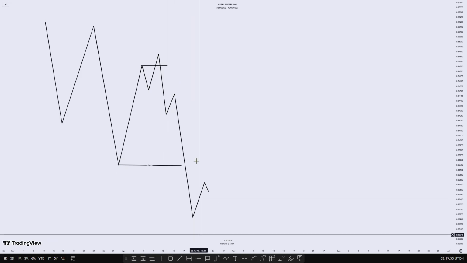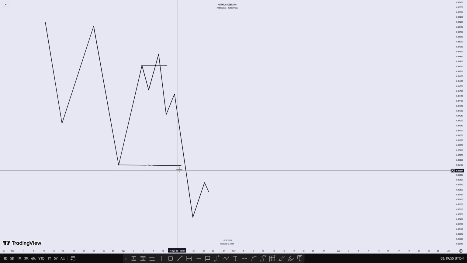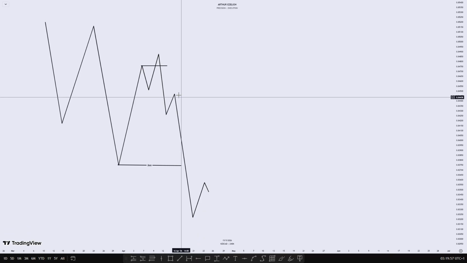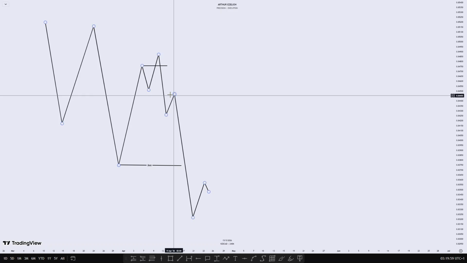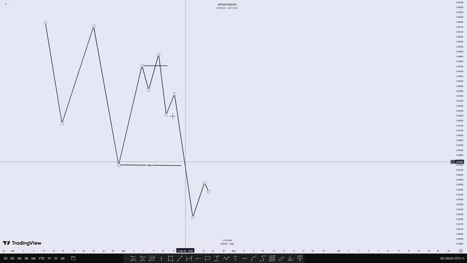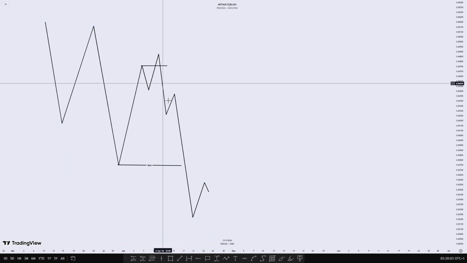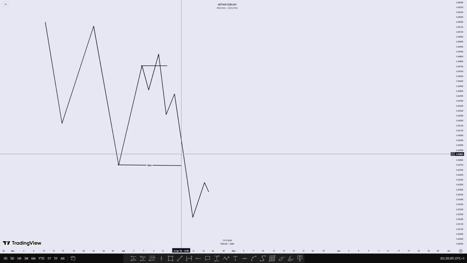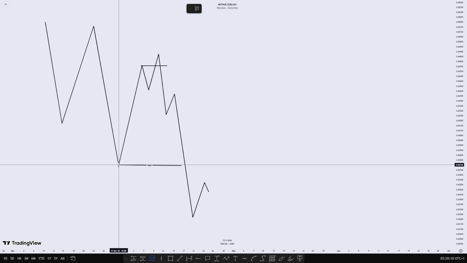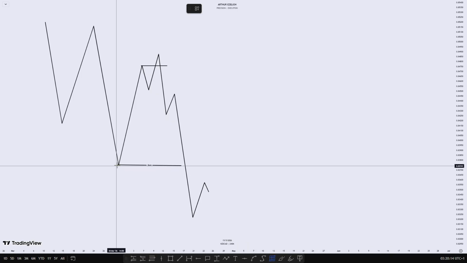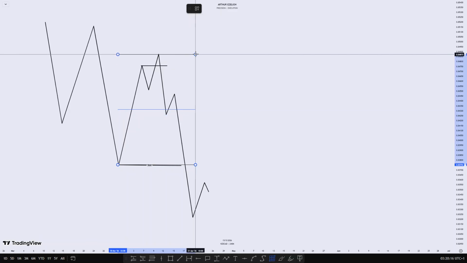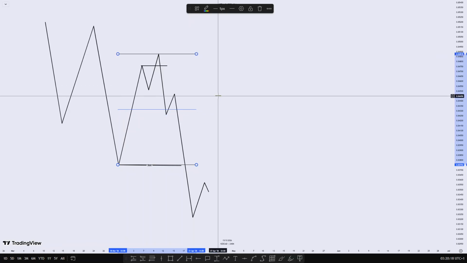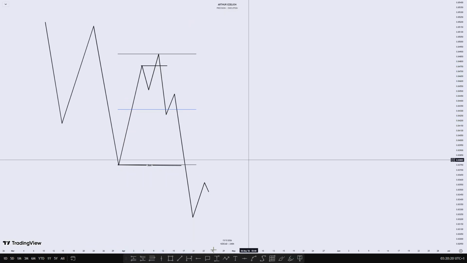The first thing is a liquidity sweep, the second thing is a break of structure, the third thing is that we want to see internal liquidity inside that range we're about to mark, and the liquidity must be sitting above 50% of the range drawn from where the break of structure occurred all the way up to this point. So in this case, we had it. This is it.